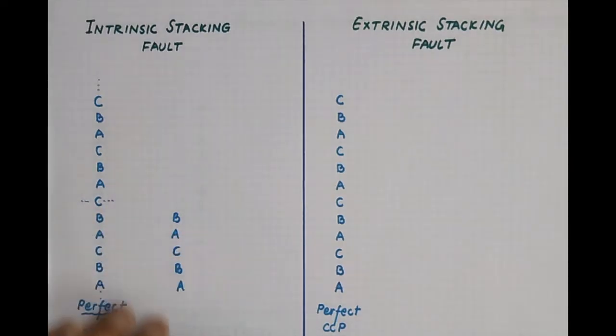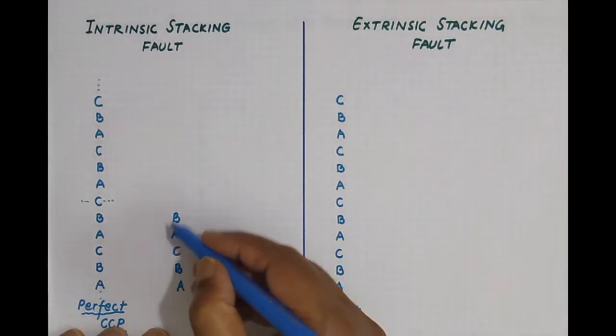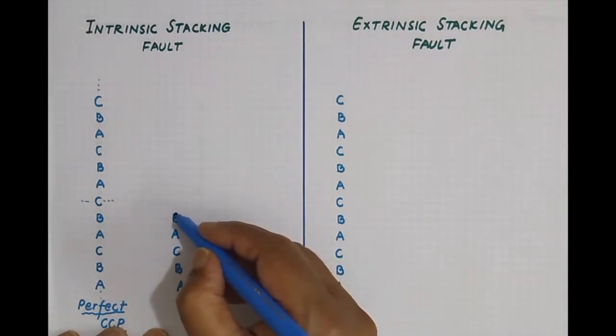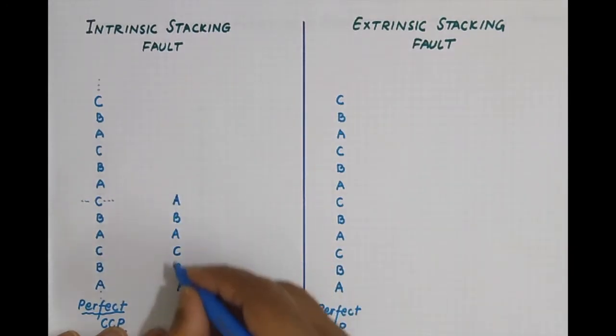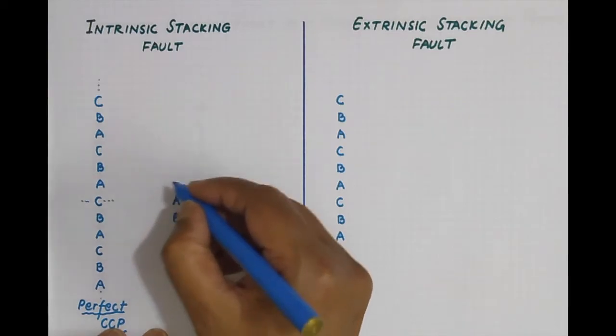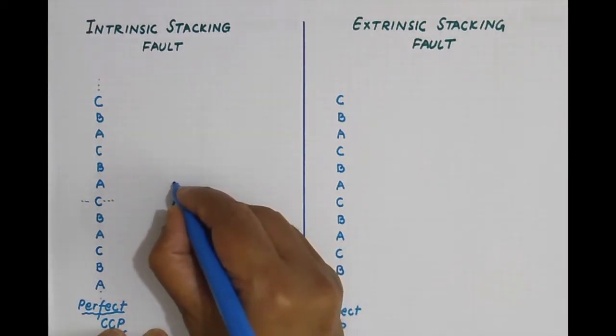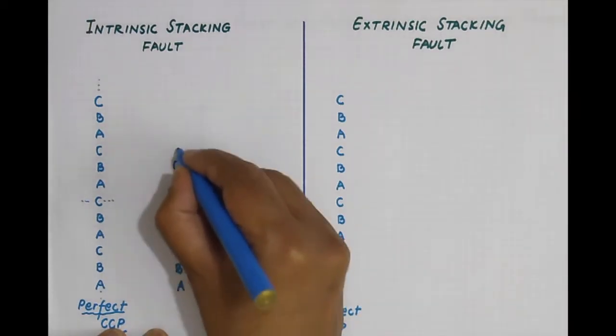In the imperfect crystal, one C plane is missing. So I have ABC, AB, C is missing. Instead of C, the next plane A comes.